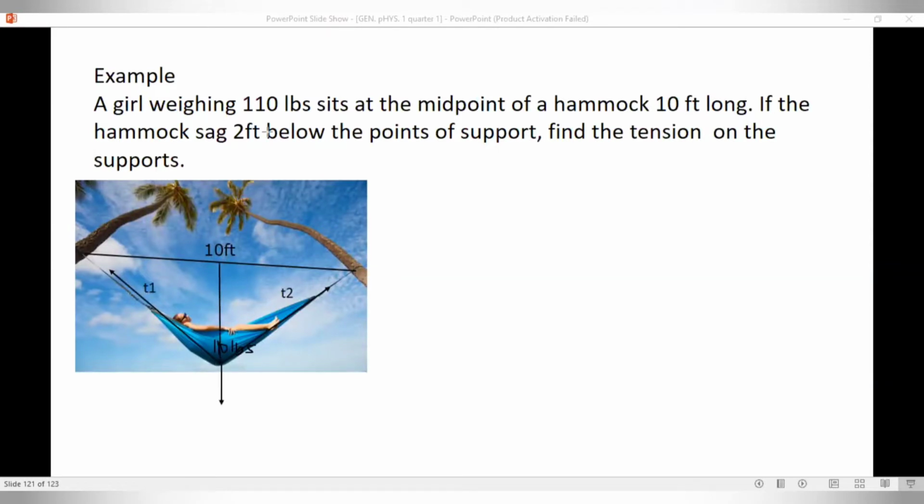Nagsag ng 2 feet below the point of support, find the tension on the string. So, hahanapin natin ngayon yung tension ng string ng duyan, kasi nagsag siya ng 2 feet. Hanapin natin yung tension 1 at yung tension 2.